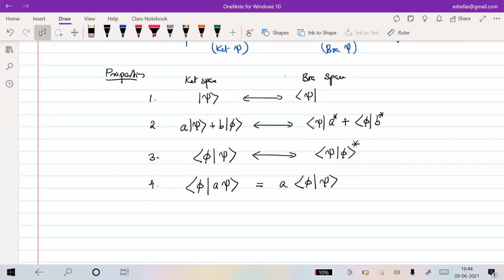So these are properties of the scalar product. Okay, and we can list out all other properties of the inner products, like the distributive property also we can write.